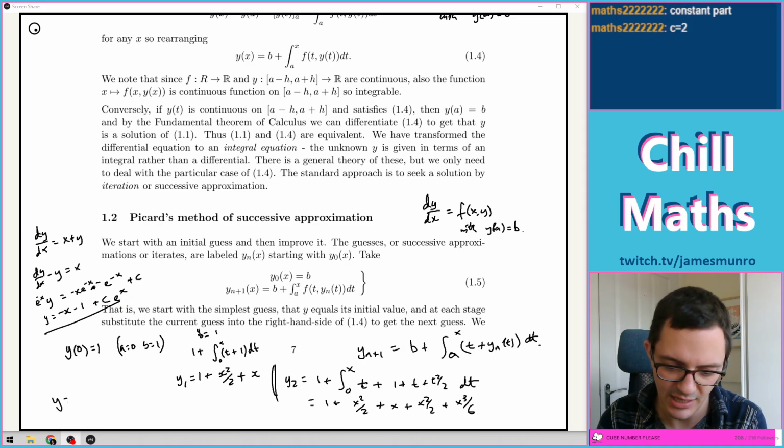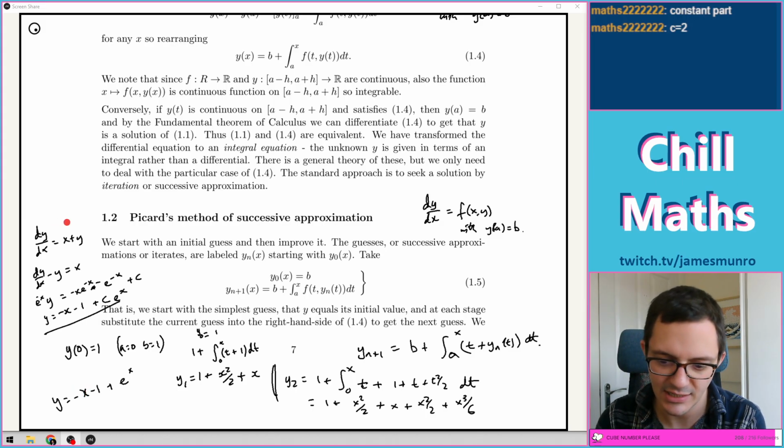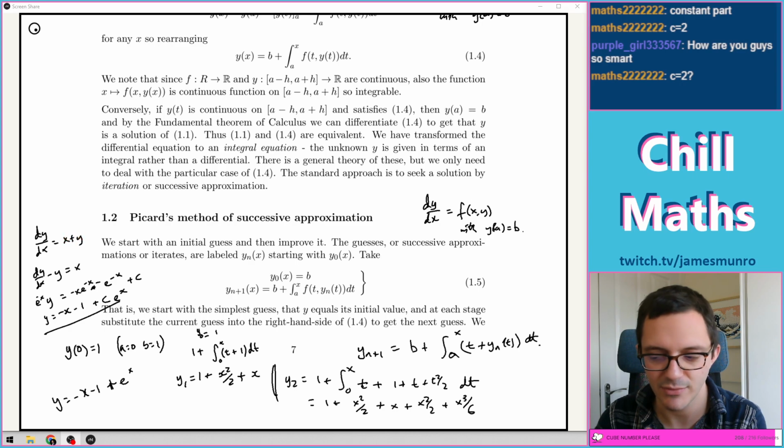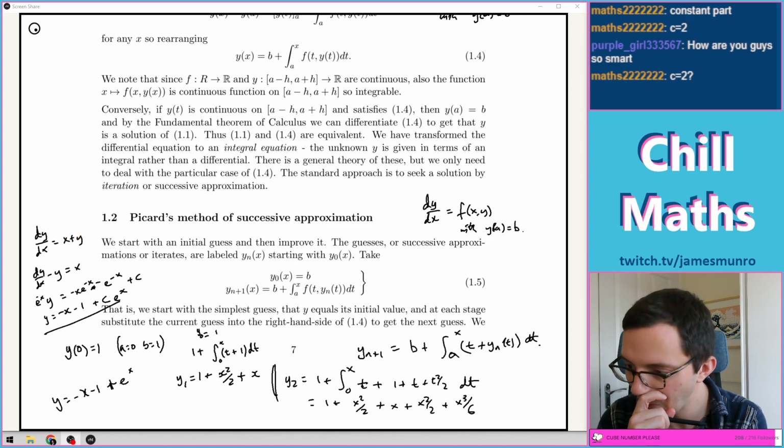So I think the solution is this. When you differentiate it, the e to the x behaves really nicely on both sides. And the minus x minus 1 is nice because when you put it on the left, you just get minus 1. And when you put it on the right, the x is cancelled and you just get minus 1. So that's a particular integral.